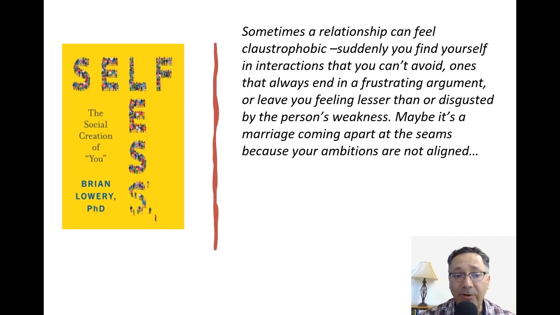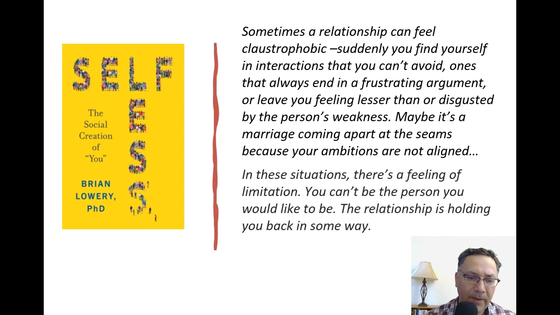Maybe it's a marriage coming apart at the seams because your ambitions are not aligned. Didn't I say that? I love that word, align. When things align, the outer with the inner, they must align. In these situations, there's a feeling of limitation.